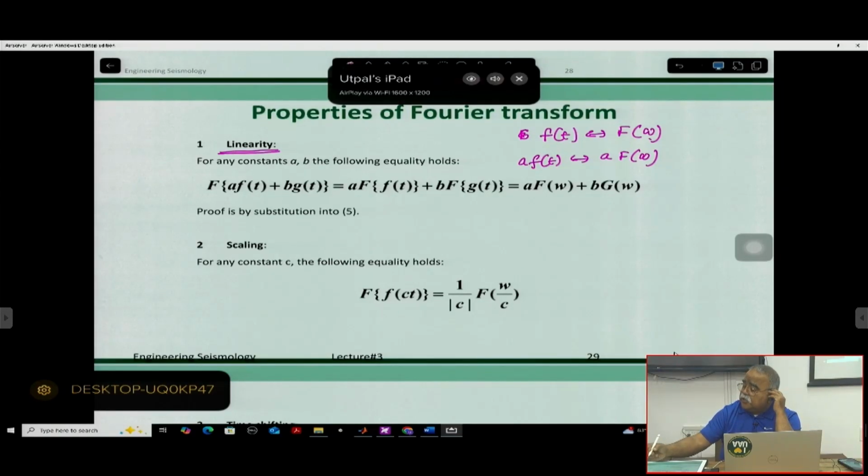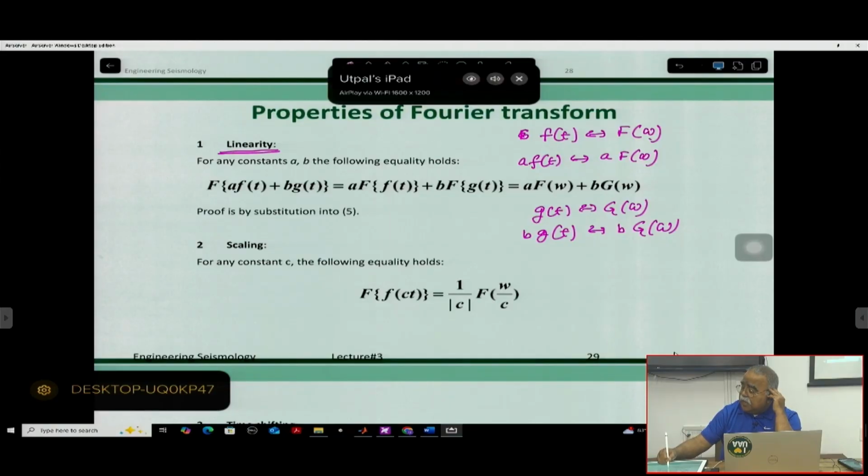So if f(t) has a Fourier transform F(omega), and g(t) also has a Fourier transform G(omega), then b g(t) will have a Fourier transform of b G(omega). That's just scalar multiplication.